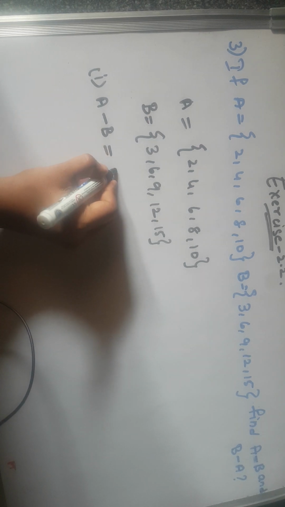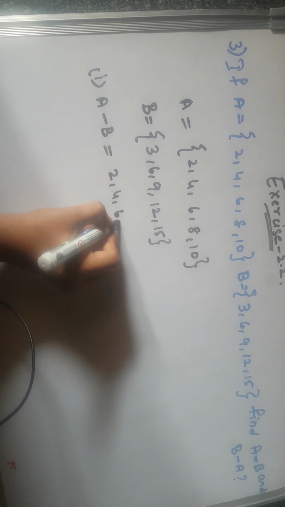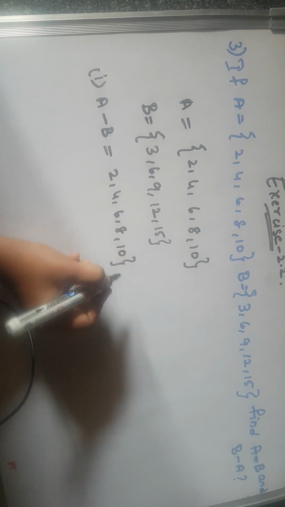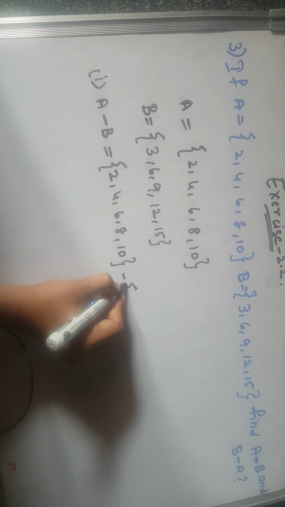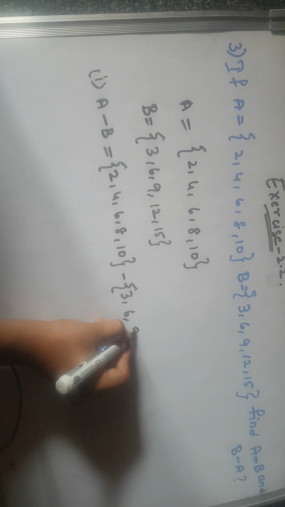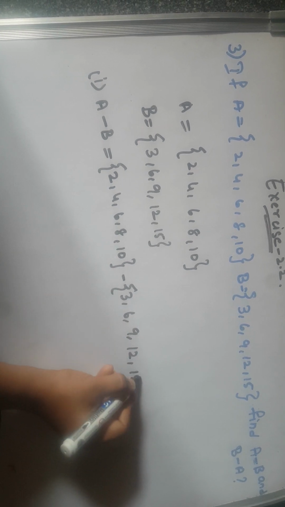A minus B means 2, 4, 6, 8, 10 minus 3, 6, 9, 12, 15.